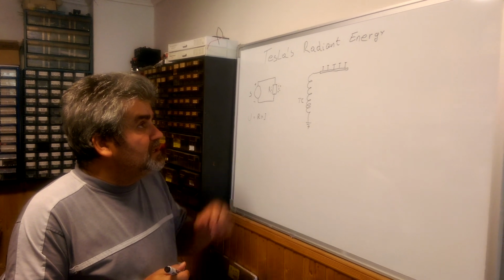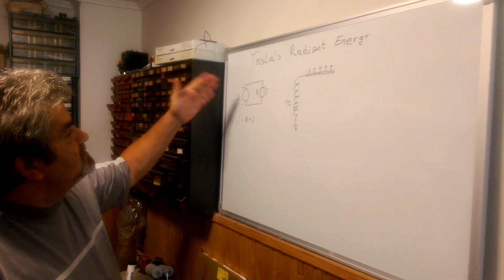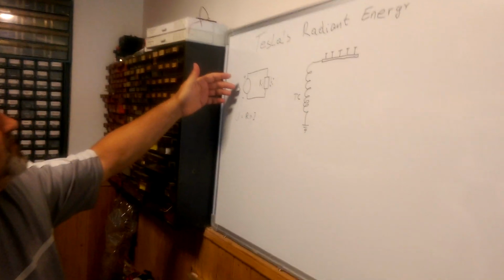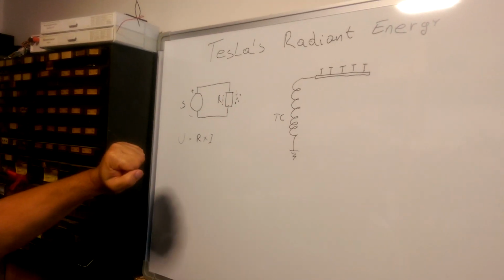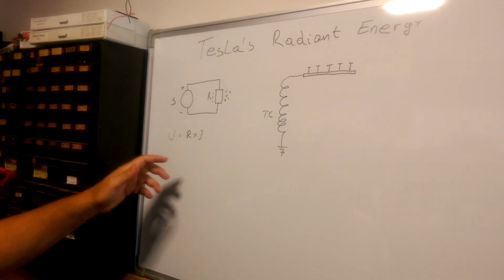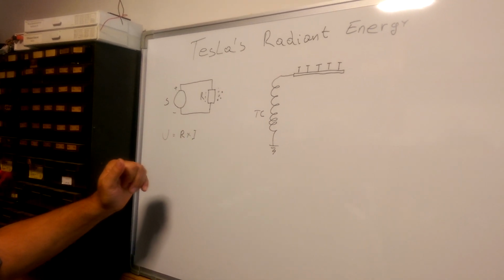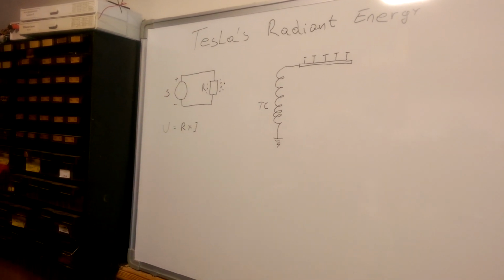I will describe this principle on a very simple circuit. This is a source, and this is a resistor. By Ohm's law, the relationship between them is that the voltage is resistor times the current.